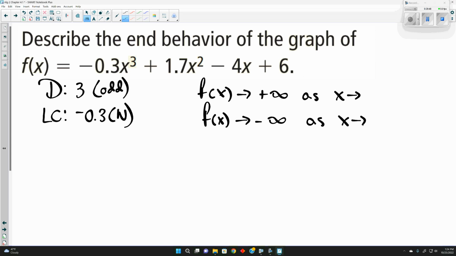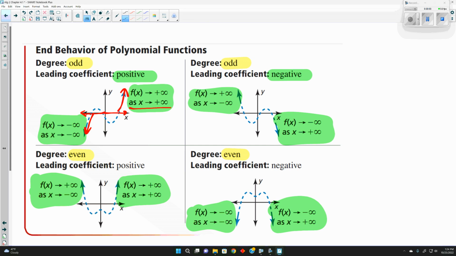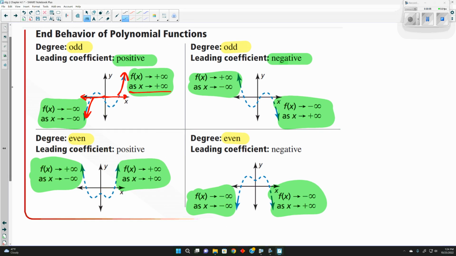Now how we set it up on the one before, we had positive infinity to finish out the top line and negative infinity to finish out the bottom line. It's not necessarily that way. Because if we look at the general case, leading coefficient, so odd, negative, f of x approaches positive infinity as x approaches, and f of x approaches negative infinity as x approaches positive.